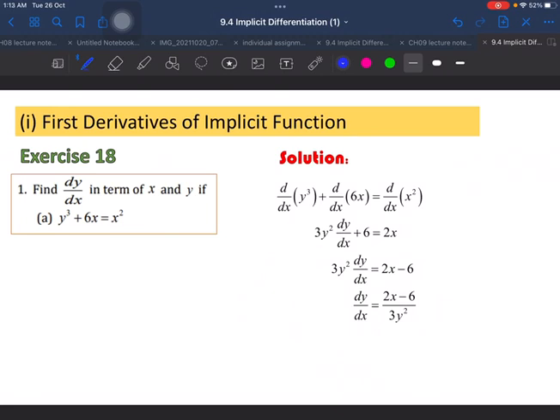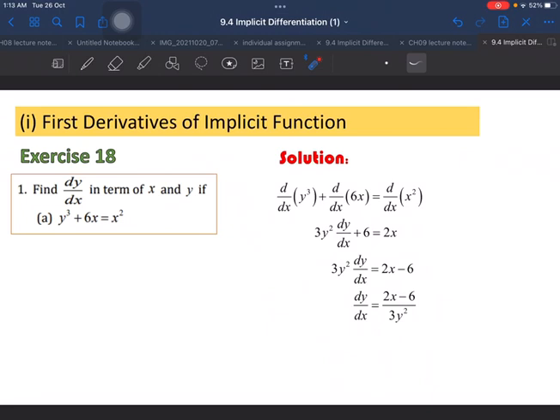For the solution, we need to take d over dx on both sides. So we get d over dx of y cube for the first term, plus d over dx of 6x for the second term, equal to d over dx of x square for the third term.